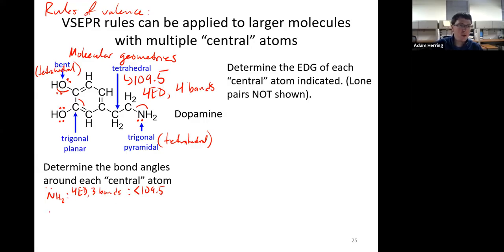For the carbon in the ring, it has 3 electron domains. 3 of them are bonds. So it should be approximately 120 degrees. Now, you might look at this and say, well, this bond angle is going to be larger than 120, and this one will be less than 120.